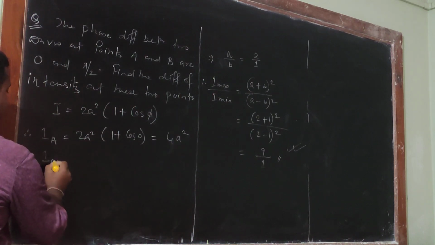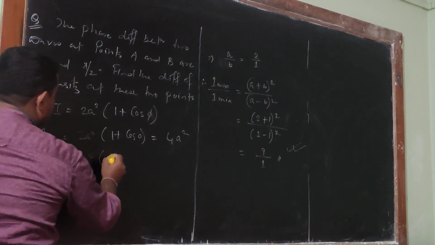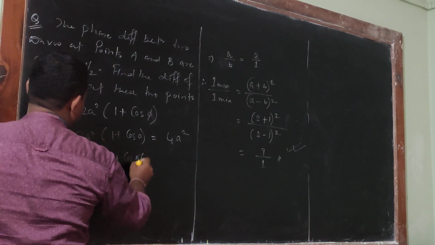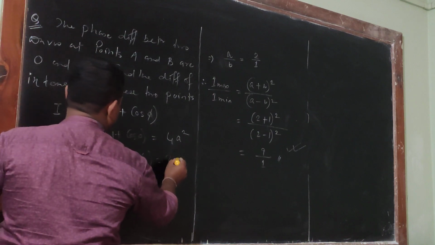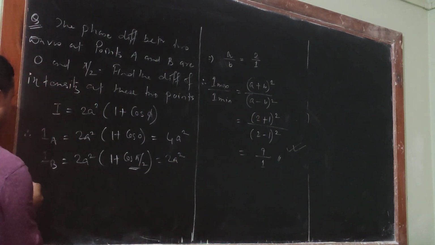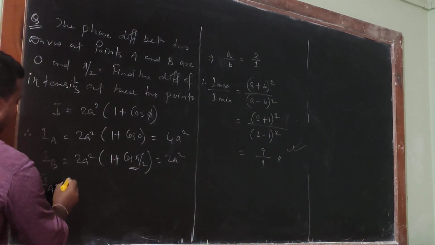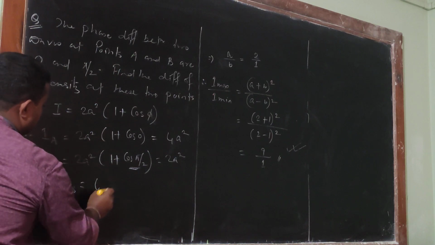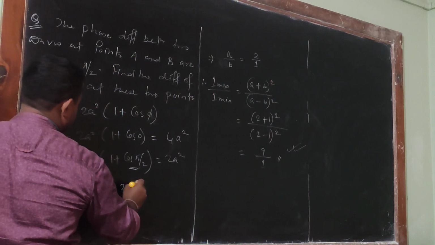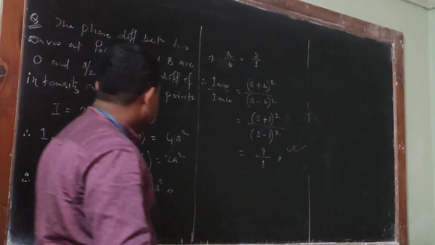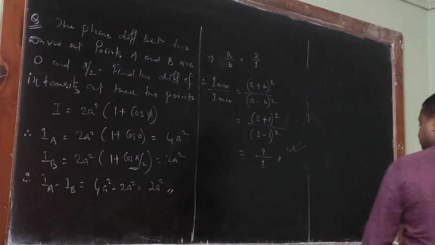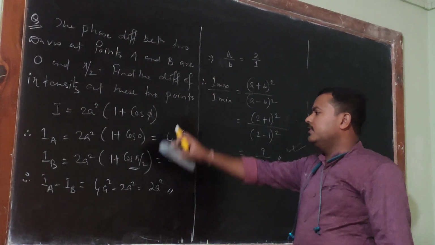And at point B it will be 2a square (1 plus cos pi by 2). And cos pi by 2 is 0, so it is 2a square. Therefore the difference of intensities IA minus IB is equal to 4a square minus 2a square, which is 2a square. So this way you can solve if you know the phase difference.